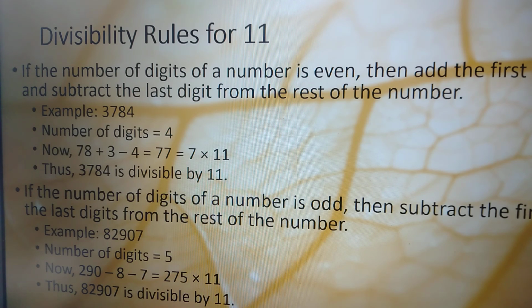If the number of digits of a number is odd, then subtract the first and the last digits from the rest of the number. For example, 82,907. The number of digits is 5, which is odd. Then 290 minus 8 minus 7 equals 275, which is 25 times 11. Thus 82,907 is divisible by 11.